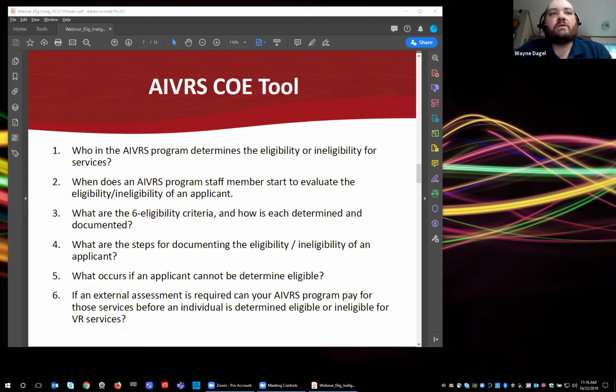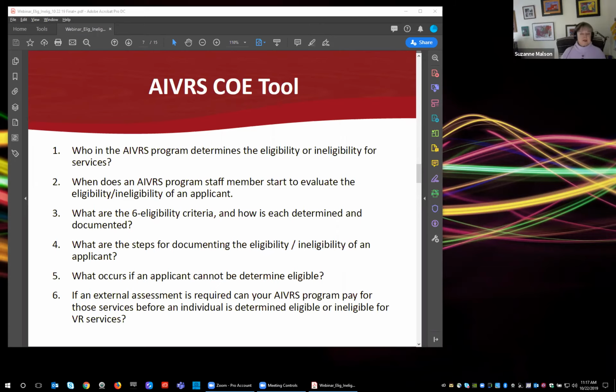The short answer is that we determine who our experts are, and we allow that person to make that determination. Usually that's a VR counselor and or director. In some programs, the AIVRTTAC does have a piece in the eligibility, but it does come down to the VR counselor and director making the final decision of eligibility.